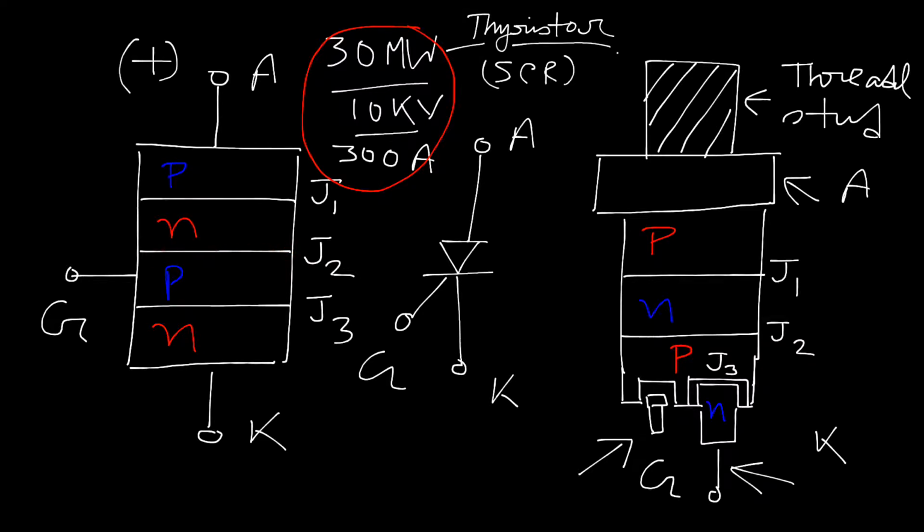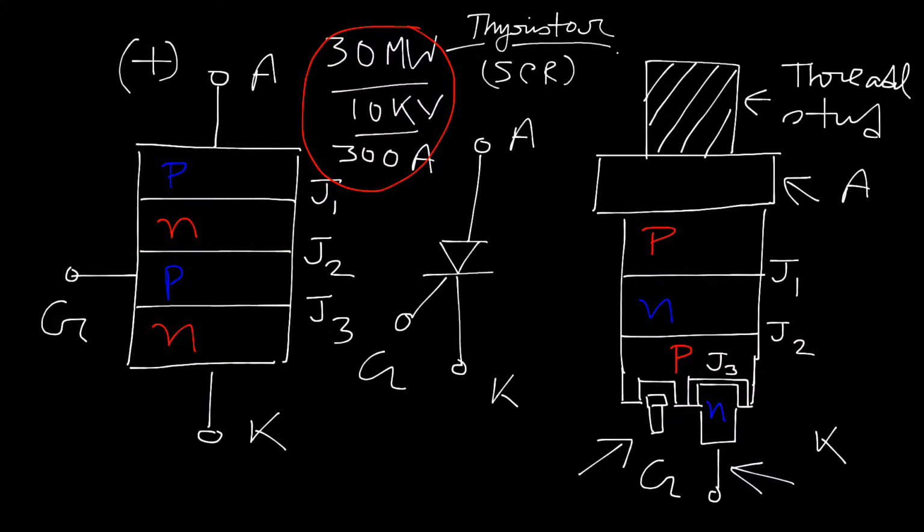Once the depletion layer has formed, it blocks the current flow, and the total voltage appears across the two terminals, anode to cathode. That means the device is in the off state, even though we are using forward bias. At this condition junction J2 is reverse biased, which is why the depletion layer has formed, and due to this the device is not in conducting state.